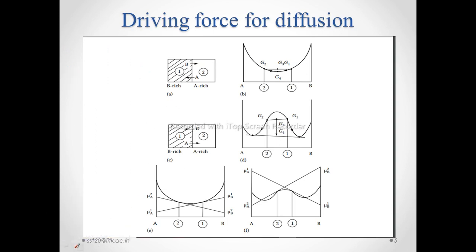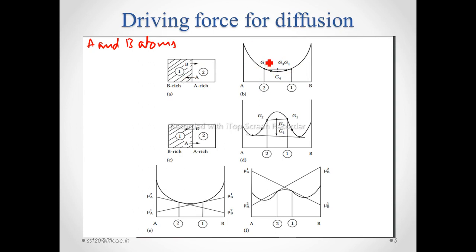First of all, we are studying the diffusion consisting of two atoms, A and B. This is the B rich side and this is the A rich side, and we are marking them 1 and 2 so that we can mention them in the composition versus Gibbs free energy diagram.